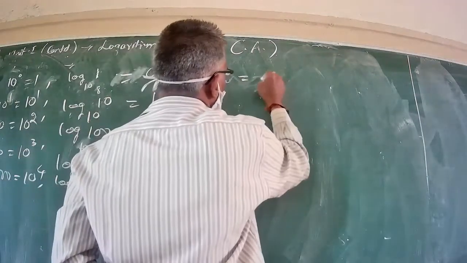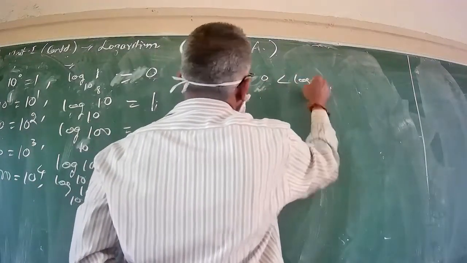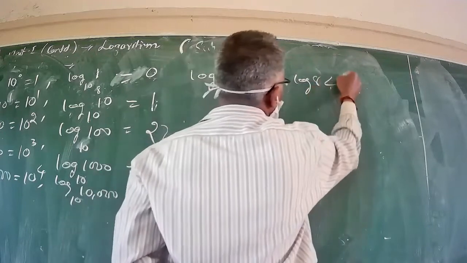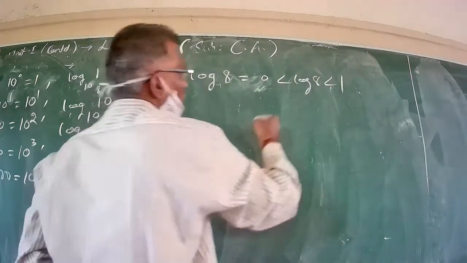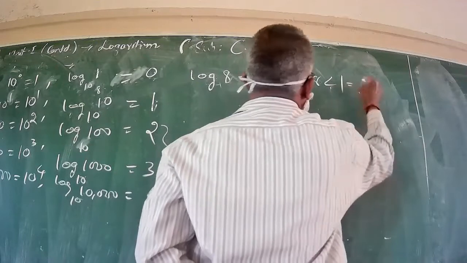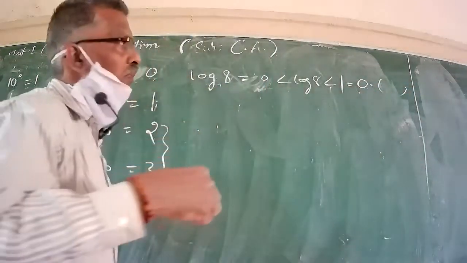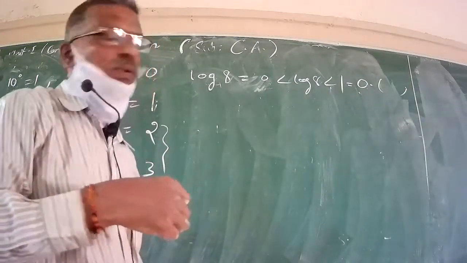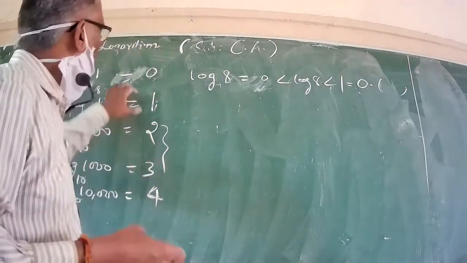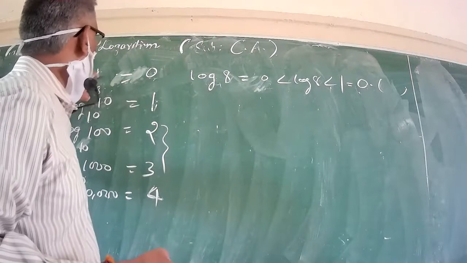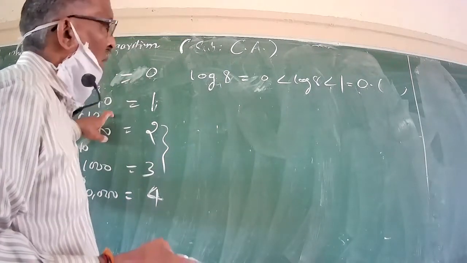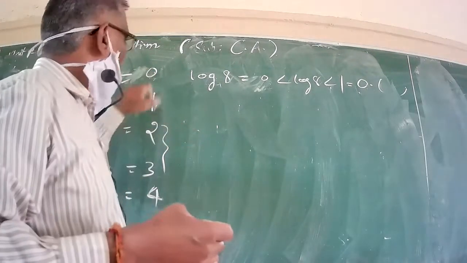That means it is 0 point something. So the log of any number lying between 1 and 10 lies between 0 and 1.